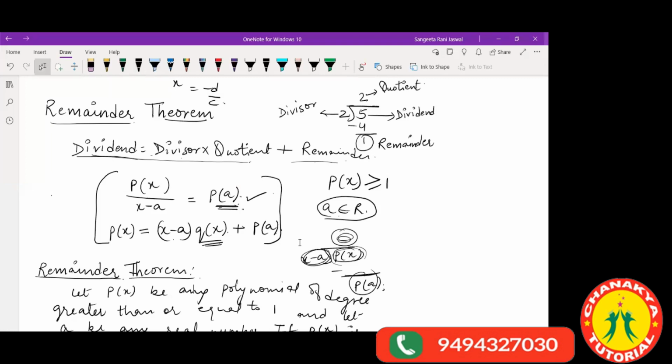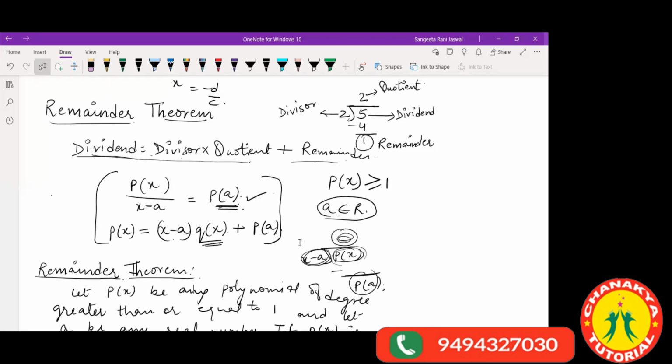Now remainder theorem हमें ये कहना चाह रही है कि we can find the remainder of anything. We can divide two polynomials, even by not dividing also we can find the answer. Just by using this theorem we can find the answer. We need not divide two polynomials. Even without dividing two polynomials, just by using remainder theorem, we can have the answer.